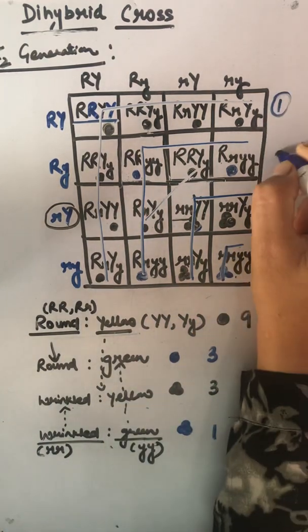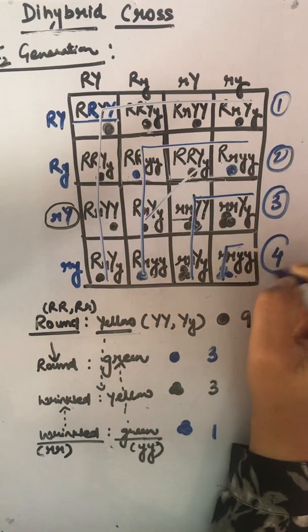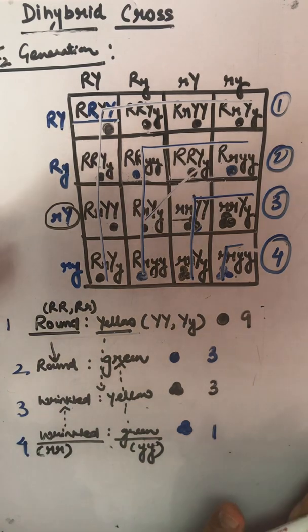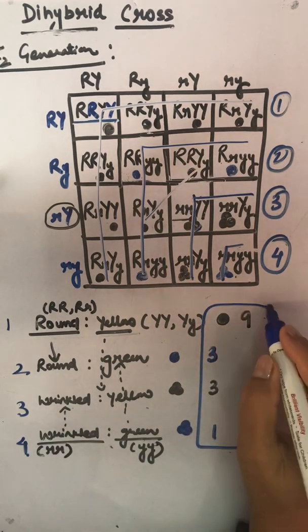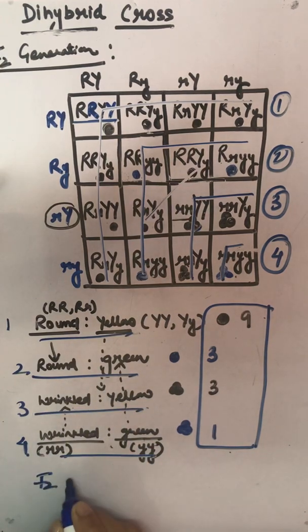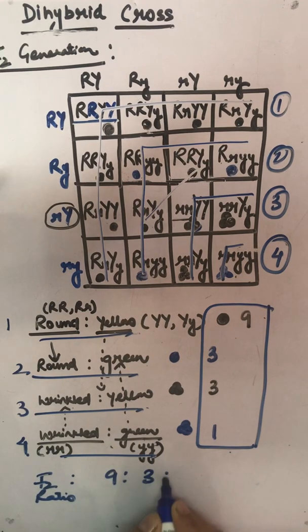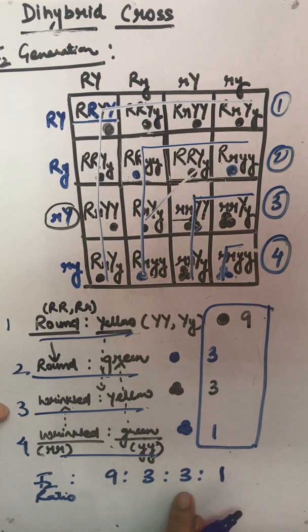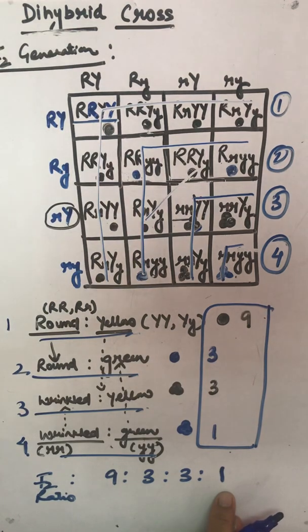So first, second, third, fourth in the order we have written here. Got that? From here we have come to know, since these are all phenotypes, that in F2 the phenotypic ratio is 9:3:3:1. 9 round yellow, 3 round green, 3 wrinkled yellow and 1 wrinkled green. Alright, this is the F2 ratio. Clear?